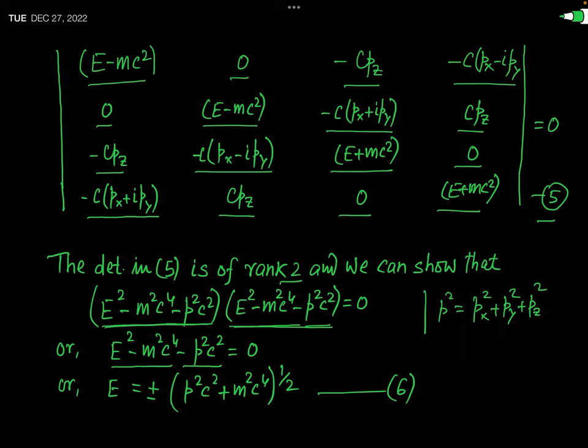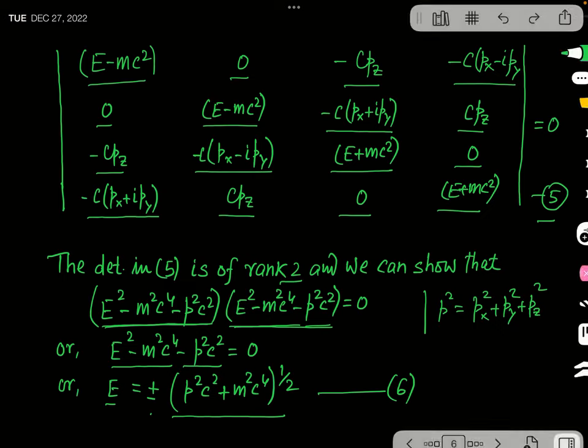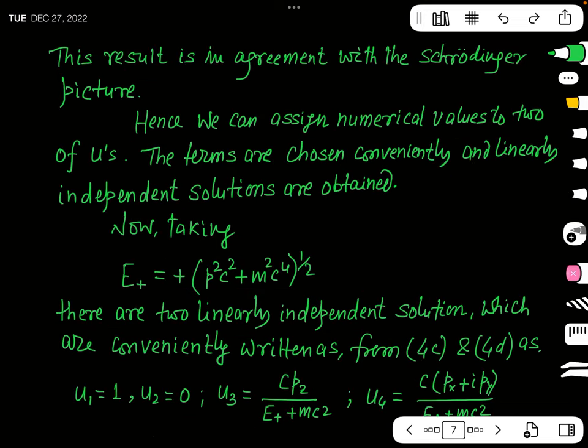So from here, if we find the value of E square, that will be p square c square plus m square c4, and so E will be equal to plus minus the square root of p square c square plus m square c4. This result is actually in accordance with the Schrodinger picture.